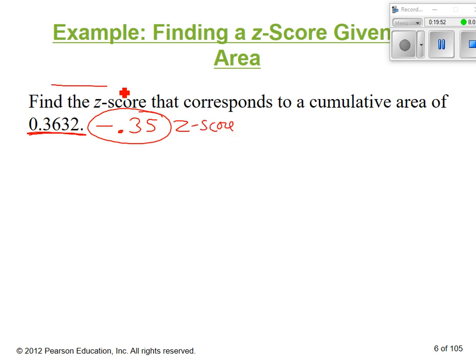So in other words, if we're on our little chart here, that's 0, that's 1, 2, 3, -1, -2, -3. We're somewhere about right in there. So you just look that number up. If the number isn't exactly on the chart, then you just get as close as you possibly can. Figure out which one's the closest.